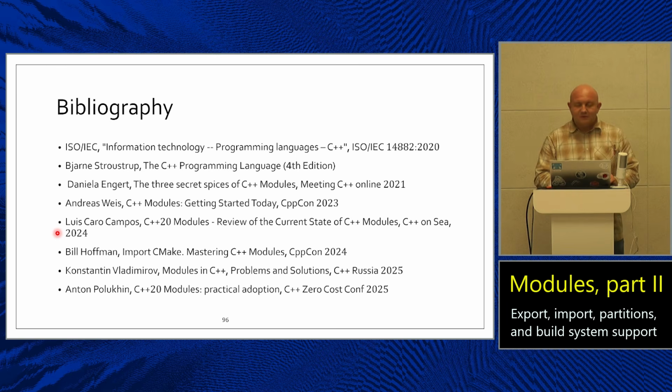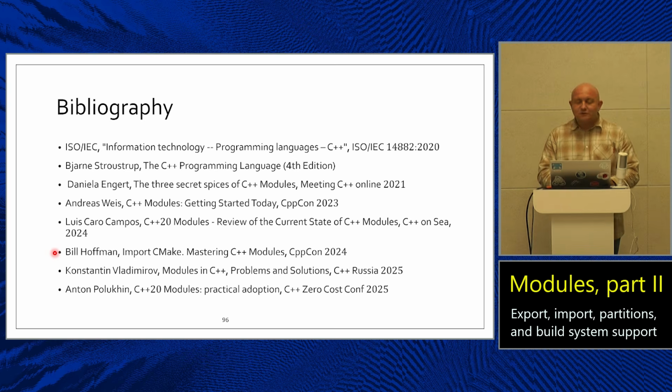And here Bill Hoffman imports CMake, and this is almost a victory lap. After several years of we are still working on these talks, this was the moment when CMake full module support finally landed, and Hoffman walks through the real implementations and shows how file set and P6989 data fit together.